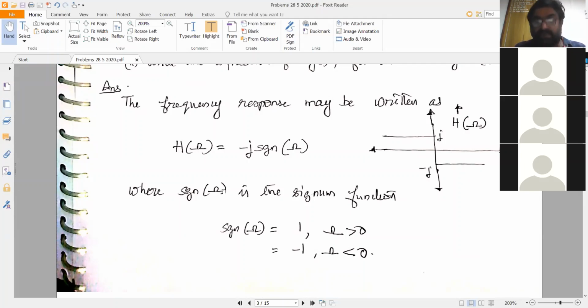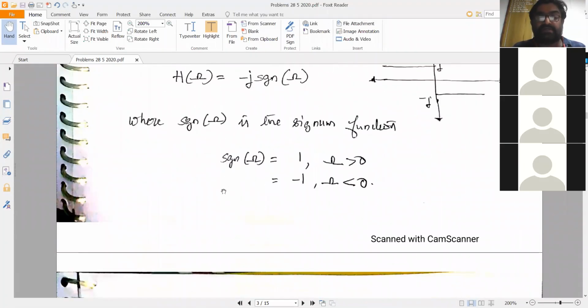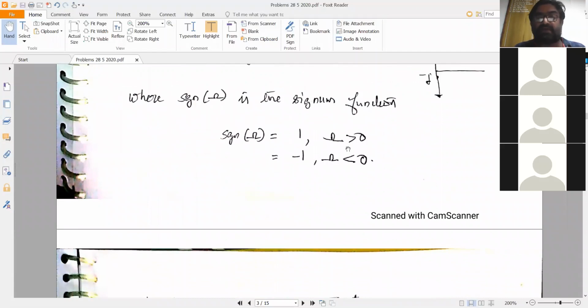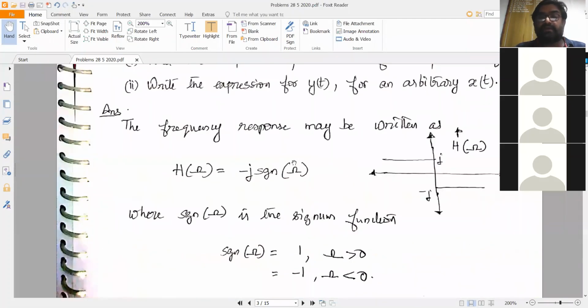Where signum of omega is the signum function, which is given by signum of omega equal to 1 for omega greater than 0, and signum of omega equal to minus 1 for omega less than 0. This is a special function called the signum function.